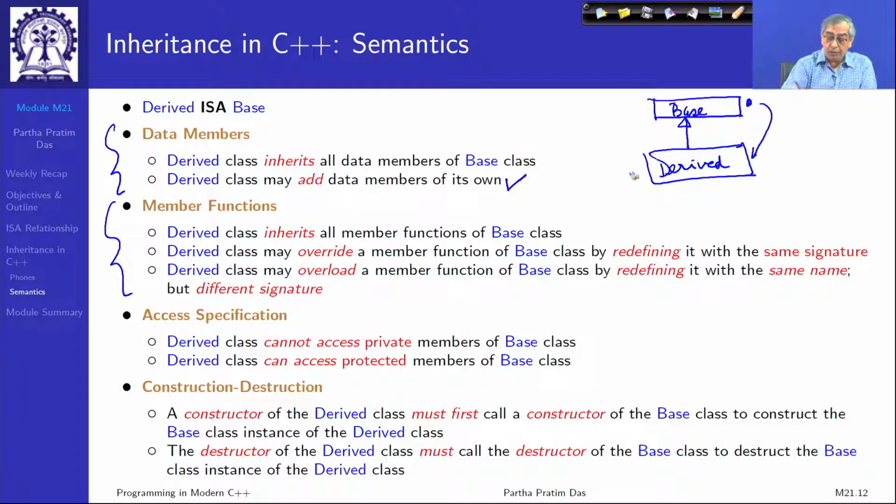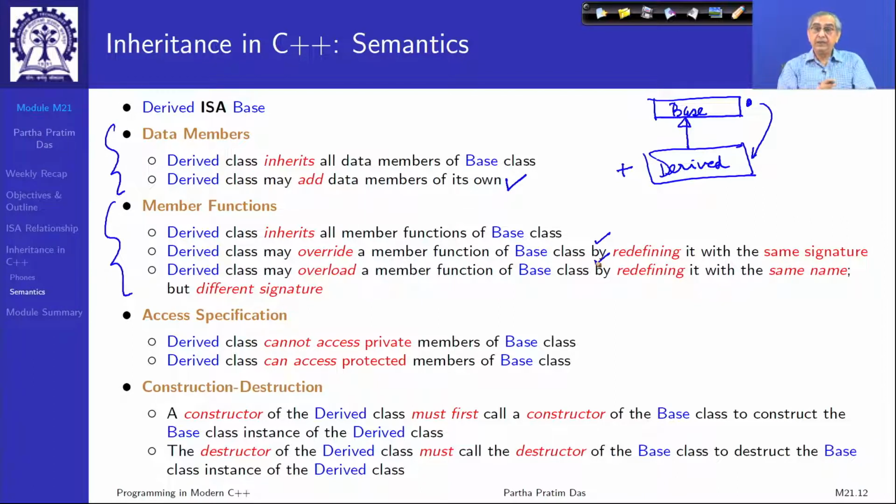But you can add your own data members, and you can add new member functions also. Data members you cannot change, but member functions you can change by giving a different definition for the member function that you have derived, or giving an overload to it, or adding a new member function.